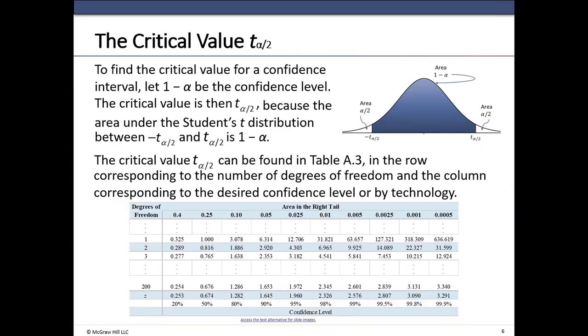My area, if I am considering t alpha by 2, is the area to the left of that t alpha by 2: 0.95 for the 95% confidence in the center plus 0.025 in the left tail, which is 0.975. And what is my degrees of freedom? I have said my degrees of freedom is 3 because my sample size is 4. So plug in df equals 3, then go down to Paste, hit enter, and enter twice.